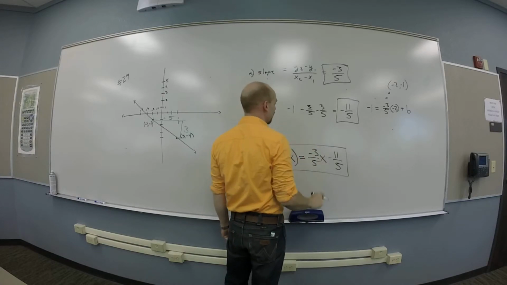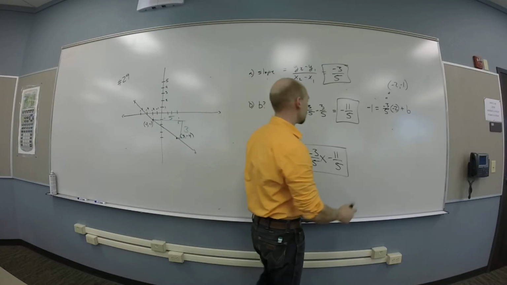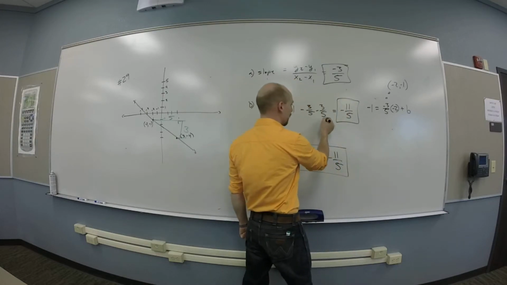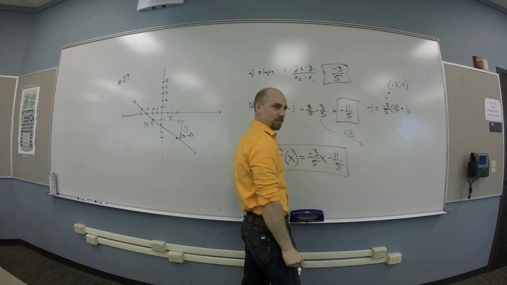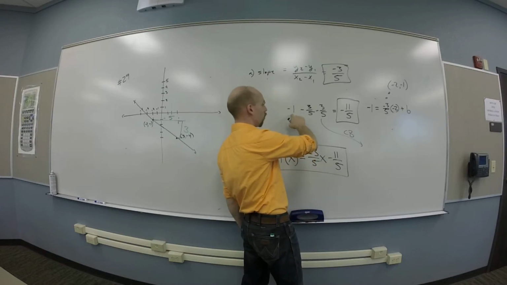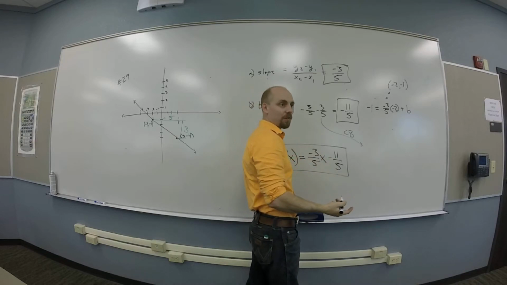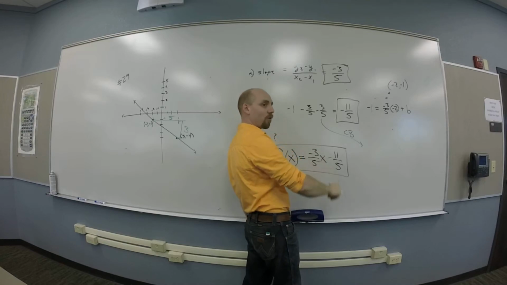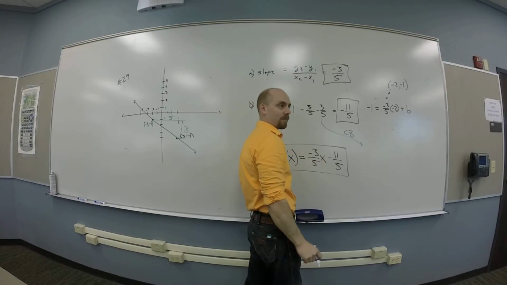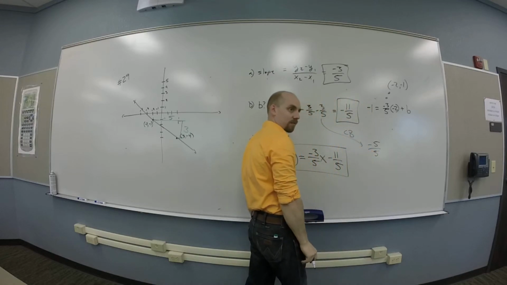So I'm fiddling with negative 1 minus 3/5 minus 3/5. I should think to myself, what's the common bottom between all those fractions? 5s, right? This is 1s on the bottom, 5s on the bottom, 5s on the bottom. So you should convert everything to fifths. How many fifths are in negative 1? Negative 5 fifths, right? It's the same thing as negative 1.